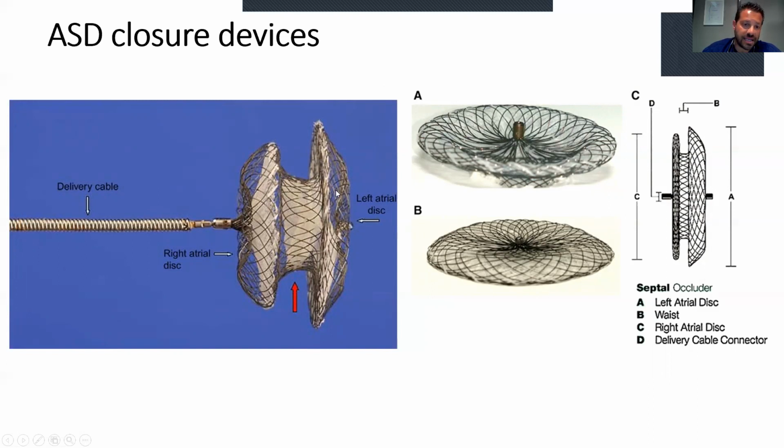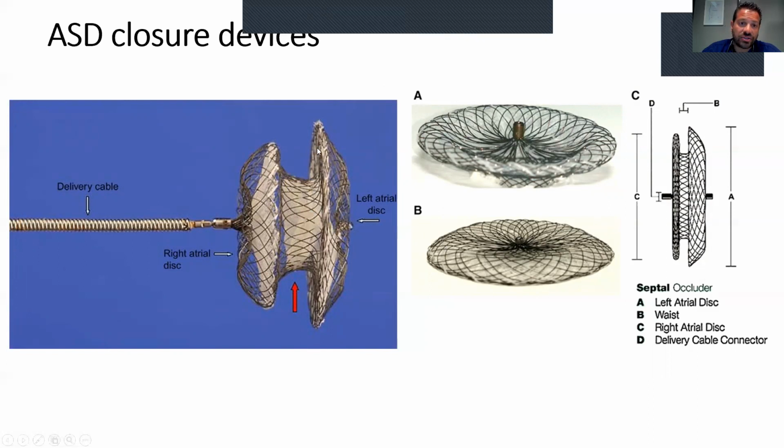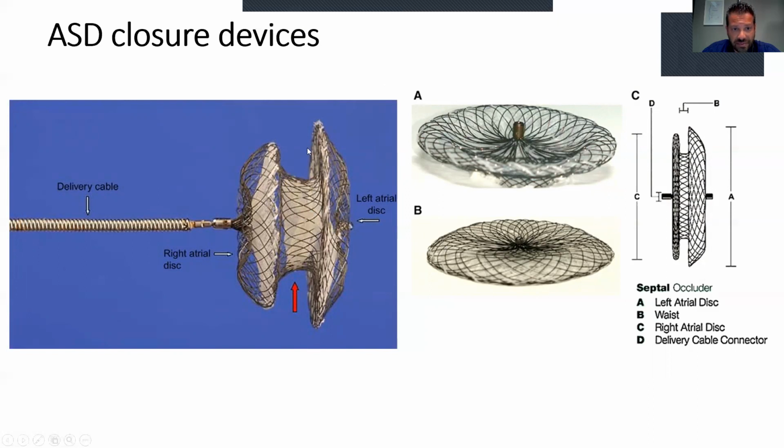And as I said before, the ideal length of the rims should be 7 millimeters because the length from the waist to the edge of the left atrial disc is 7 millimeters. So if we want all the rims to go all the way into the waist, then we should have 7 millimeters of rims. But if we have 5 millimeters, then it's okay to put an occluder safely.